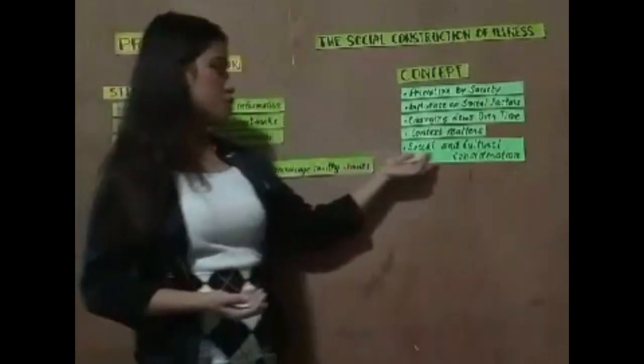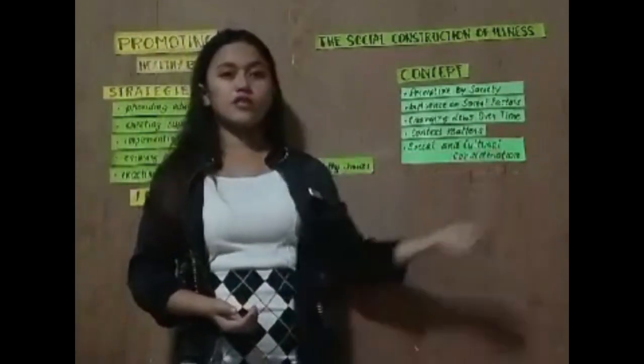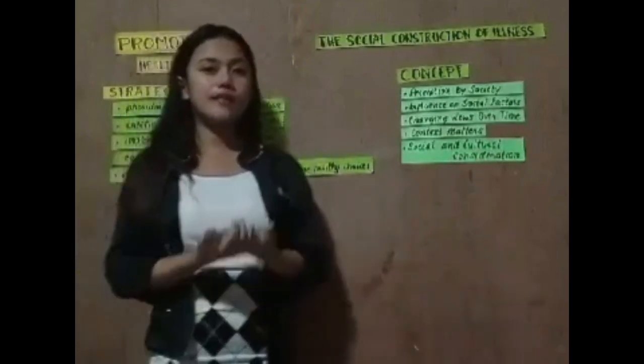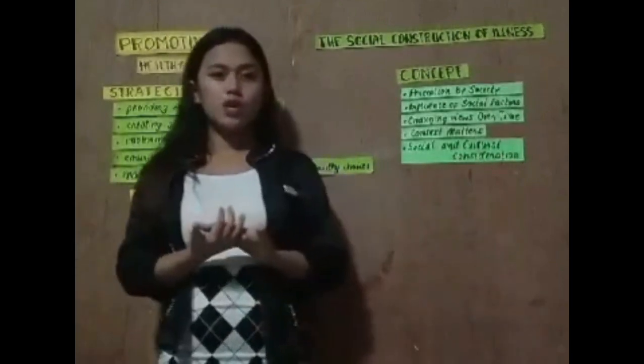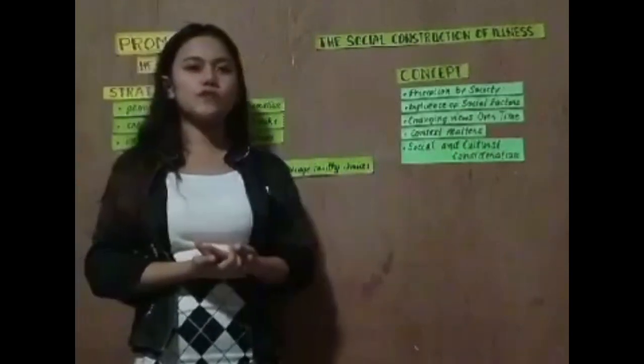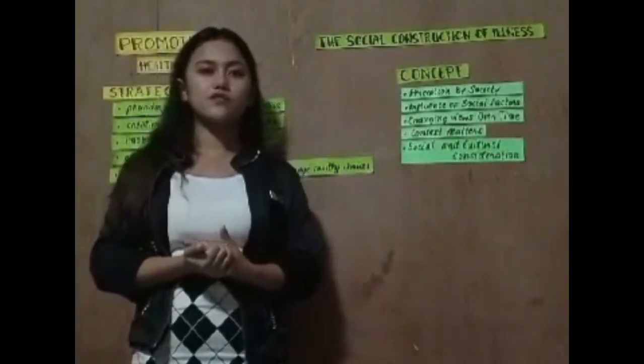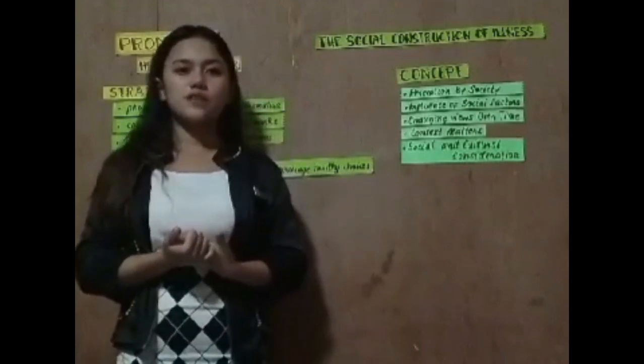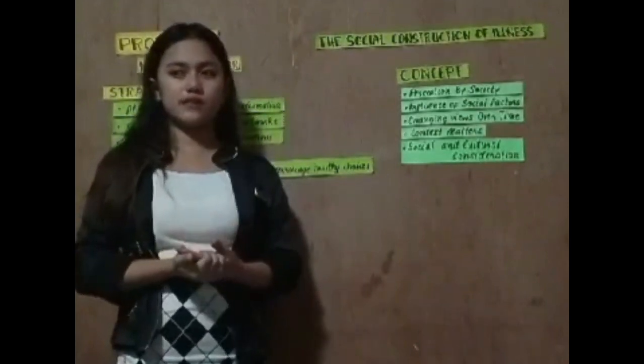Then last is the social and cultural consideration. When addressing health and healthcare issues, it is crucial to consider social and cultural factors that impact how individuals and communities perceive and respond to illness.